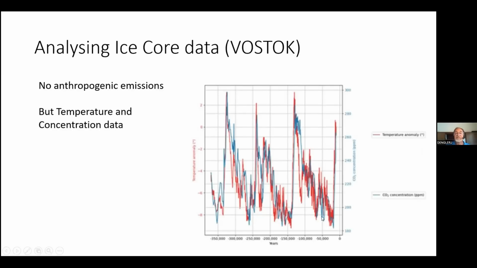Obviously, because these data, here these 4 periods, I used only 4 of the 8, are between 10,000 years and 400,000 years old. Yeah, so we look quite a bit back into the past. We don't have anthropogenic emissions, but we have temperature and concentration data.